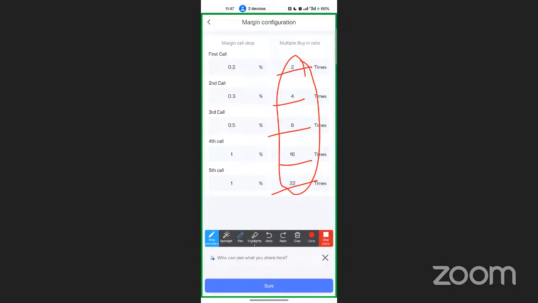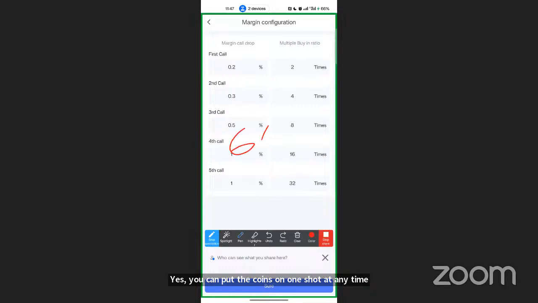Yes, you can put the coins on one shot at any time. Do you see that this is 62? If I make my first buying amount 5, 62 times 5, that is 310.